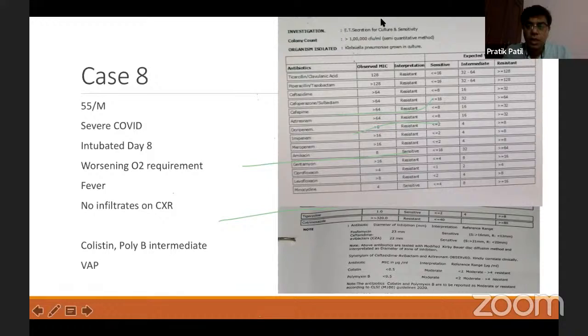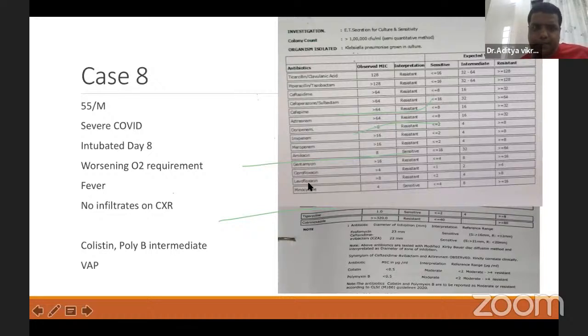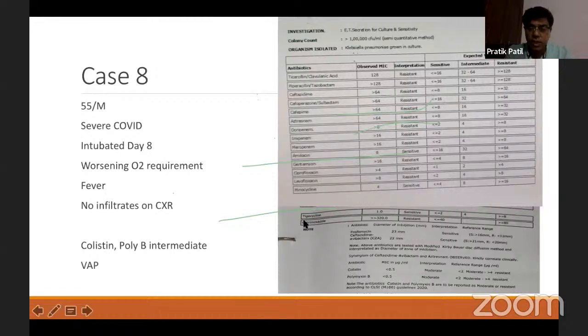The sample taken was from the patient, and the colony count is more than 1 lakh colonies. As you can see here, the only sensitive antibiotics are amikacin, minocycline, tigecycline, and similarly fosfomycin, ceftazidime-avibactam, and polymyxins. Here, again, the polymyxins were used initially and subsequently changed to ceftazidime-avibactam.